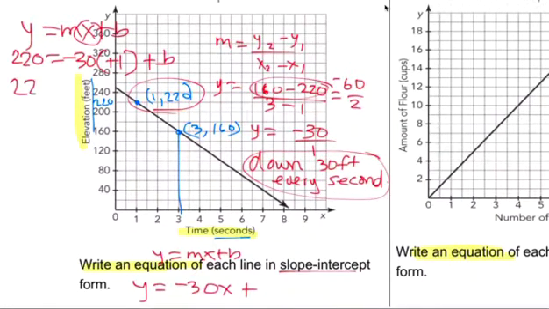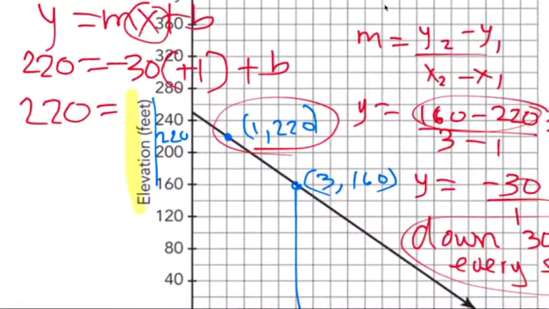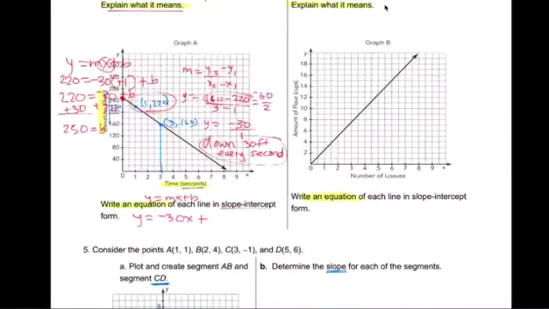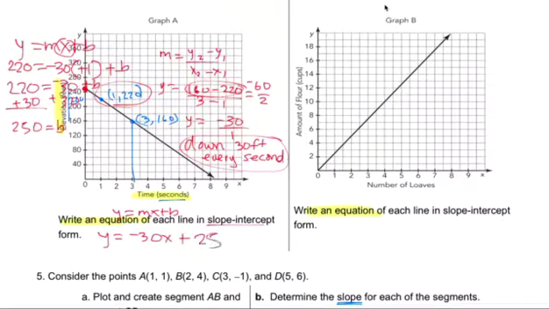So 220 equals, I'm finding b here, negative 30 plus b, plus 30 to both sides. So 250 is your b. Makes sense. It's about right there, you see. So plus 250 is the equation of a line.